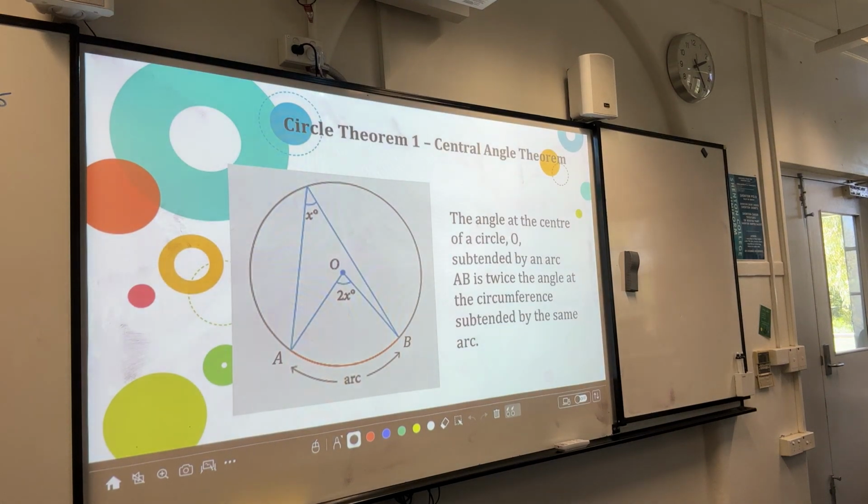The circle theorem number 1, the central angle theorem. The angle at the center of a circle, subtended by an arc AB, is twice the angle at the circumference subtended by the same arc.